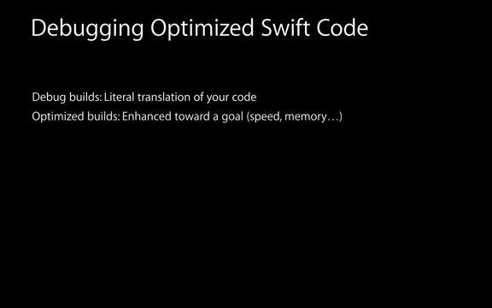In an optimized build of your code, while maintaining the same semantics, the compiler is actually free to shuffle things a little bit behind your back, and that means that that literal evolution of machine code will not correspond anymore to the same sequenced evolution of your source code. There will be steps, there will be jumps. Data will not be there that was supposed to be there. As a result, the first rule of debugging optimized code is that you don't.